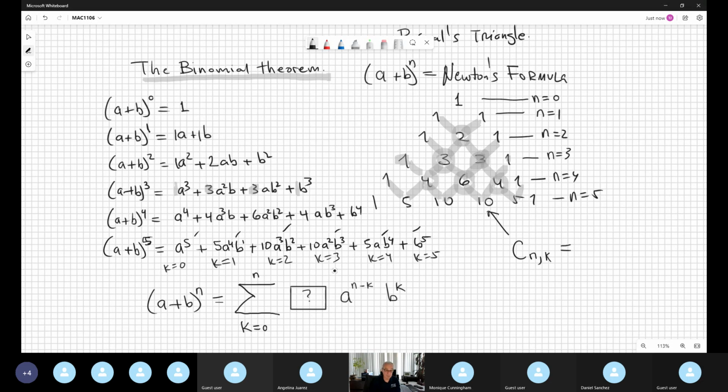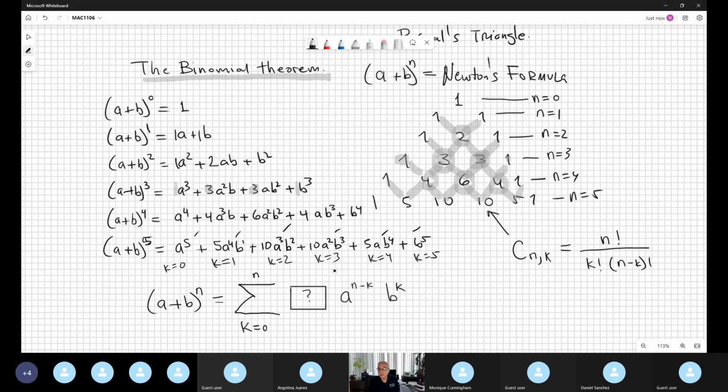Suppose you have, I don't know, 5 elements taken 2 by 2. So it's the combination of 5 and 2. The formula is n factorial divided by k factorial times n minus k factorial.